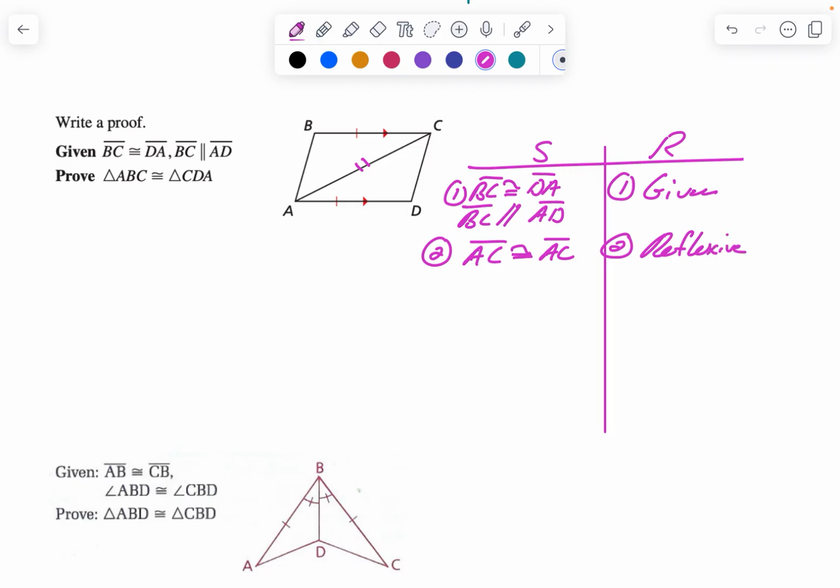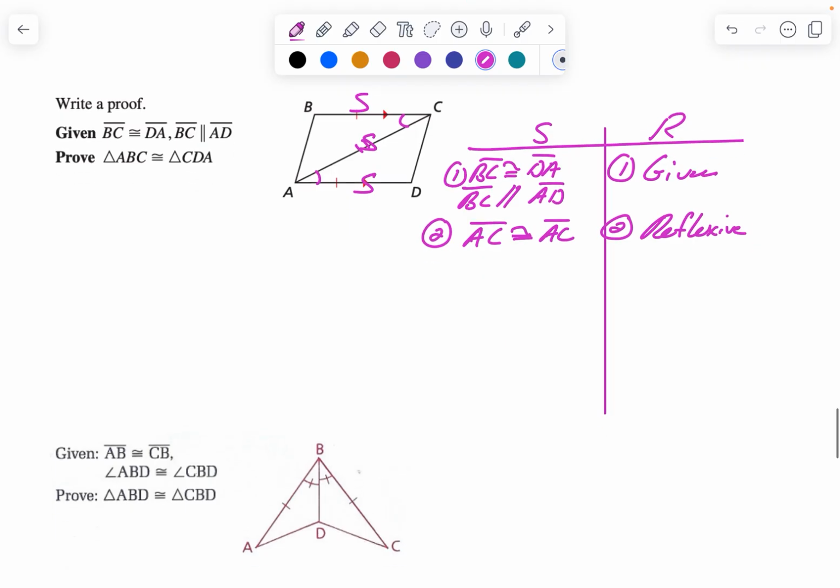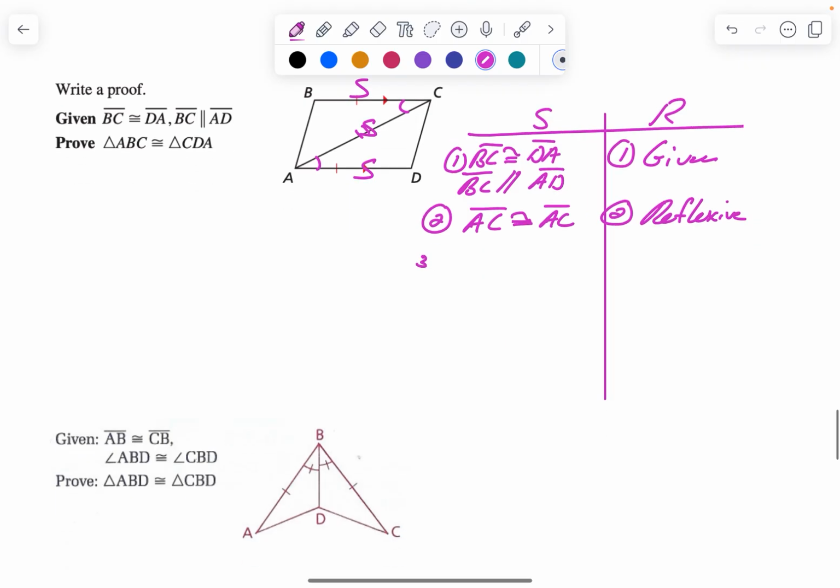Now, because these parallel lines tell us different things, what I need is side, angle, side. And so I need angle BCA congruent to angle DAC.